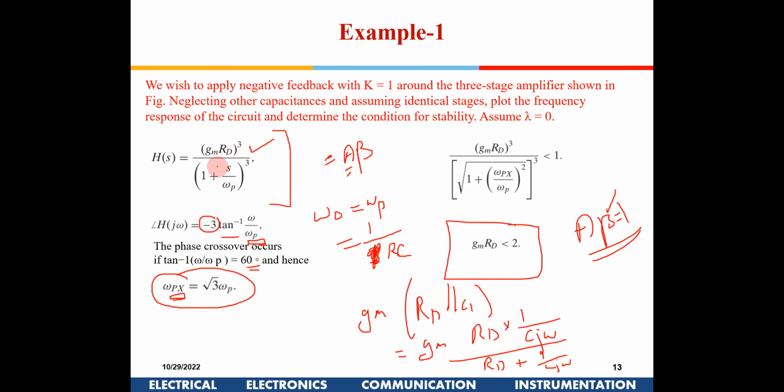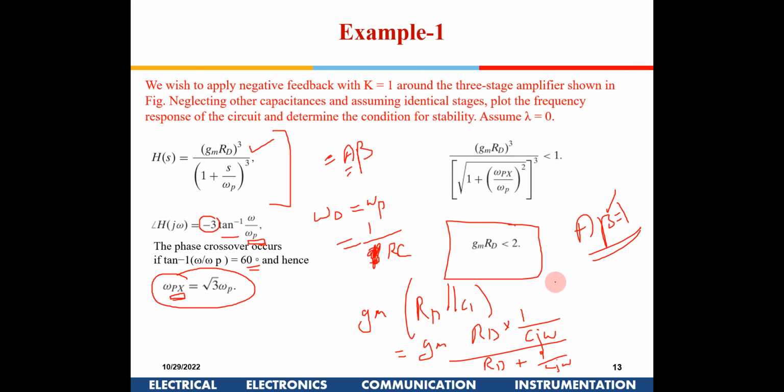So a single gain is GM divided by 1 plus S by S p. I think we did that when we did the frequency response lesson, right? The same thing, when we identify the poles and then write those poles in the denominator. So the single pole, now multiply again 3 times. So this becomes cube, this becomes cube.